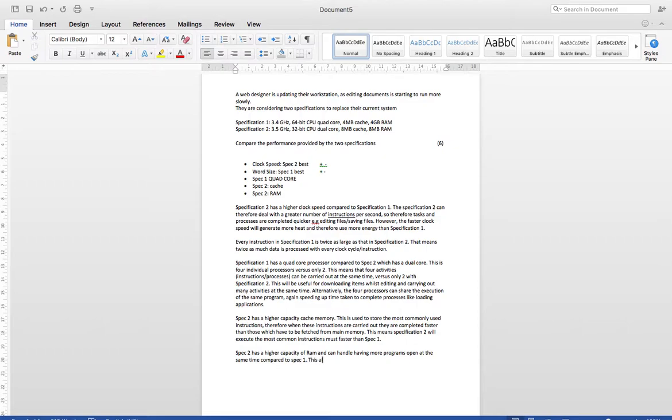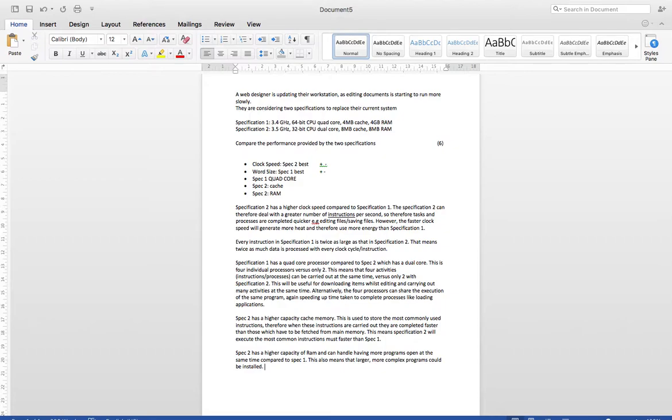This also means that larger, more complex programs could be installed. So either there's more data to be shared between many smaller programs, or if you've got really complex, massive programs for web editing, then they are obviously able to be installed and used.